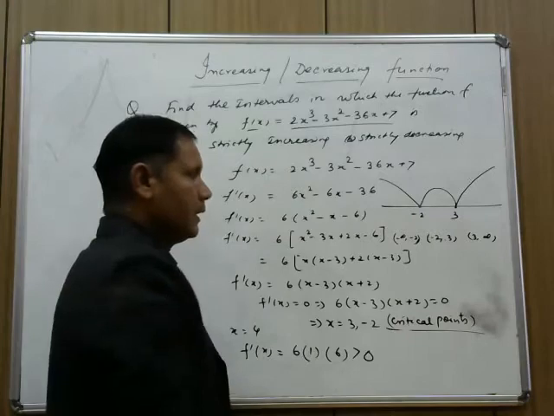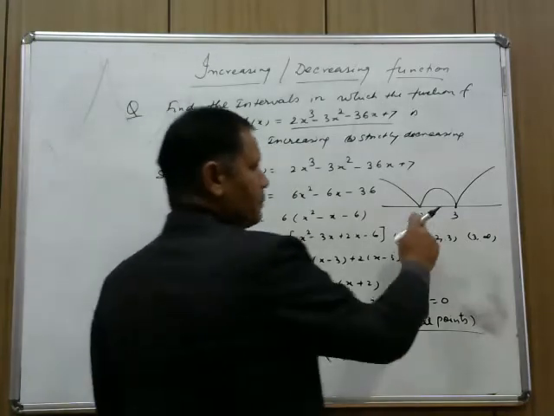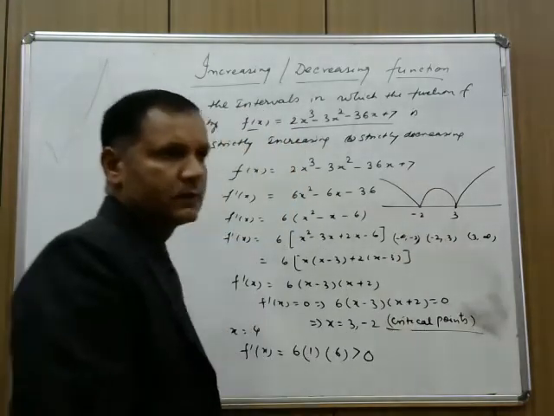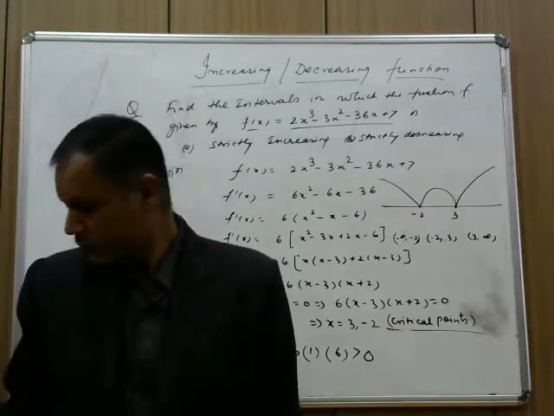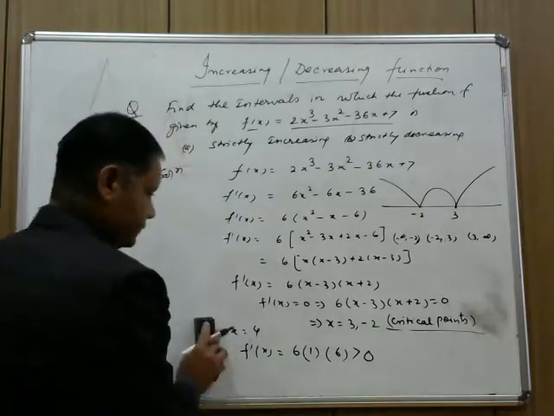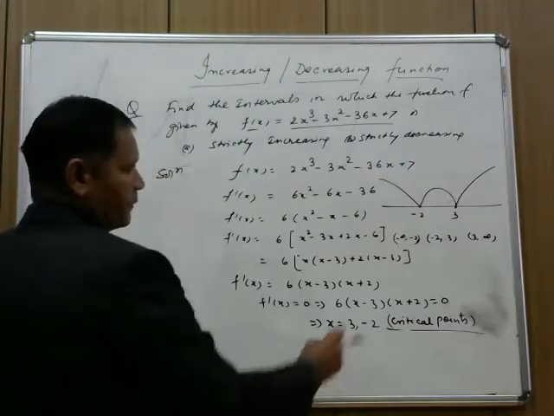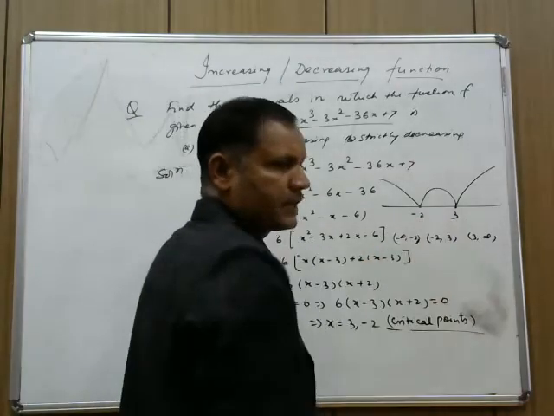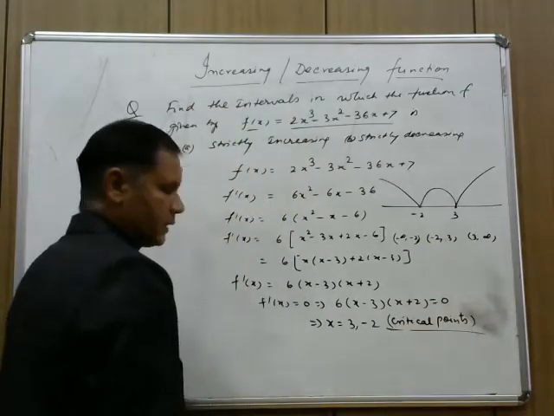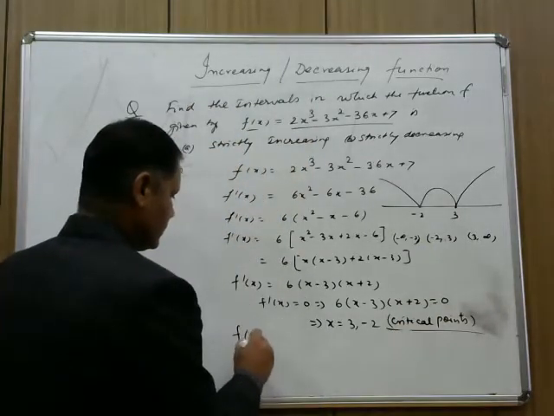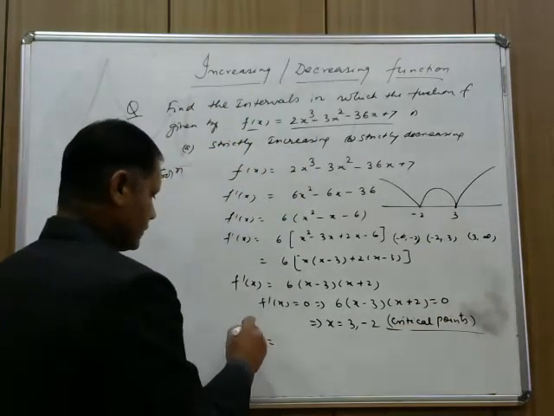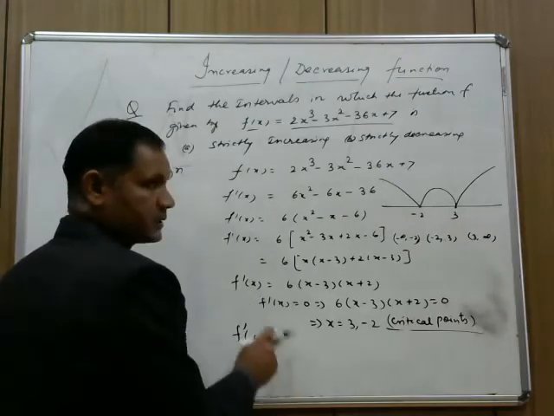Clear? If I take any number between minus 2 and 3, there are so many numbers I can take, suppose 1, right? So now f dash of 1, x is equal to 1.